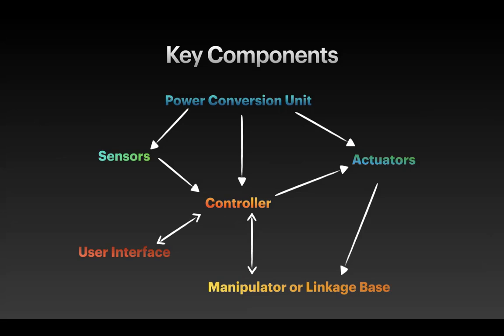To sense the environment, we have sensors, and to do the tasks, we have actuators, right? So it's all connected to the controller. And then we have a user interface, right? So if the robot is communicating with us, the robot can use a user interface to do that.